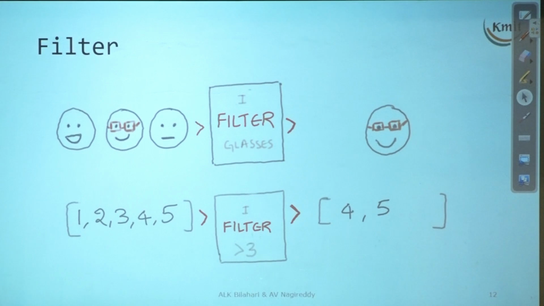You say I want to filter the person with the glasses, so you will be getting only the glasses. For example, the sale is going on now, Amazon sale and Flipkart sale. You would like to filter according to your budget. From the huge collection, it tries to filter on your budget. If it is an e-commerce site, that's an example I can give.